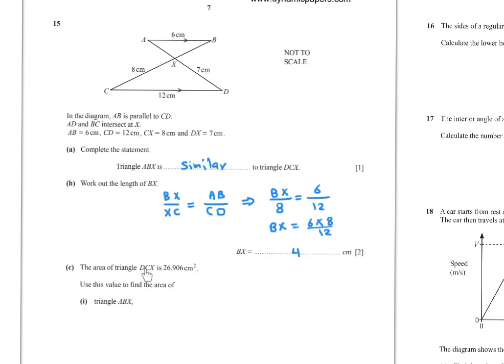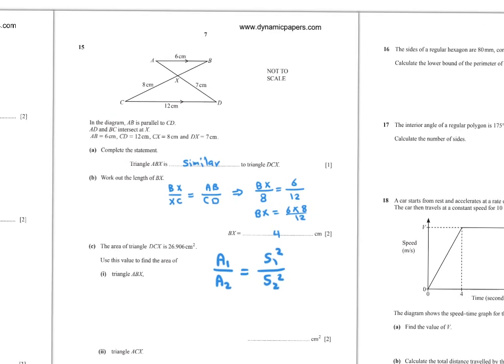The area of triangle DCX equals 26.906 centimeters squared. Use this value to find the area of triangle ABX. We have a rule: if we have two similar shapes, then area 1 over area 2 is side 1 squared over side 2 squared.